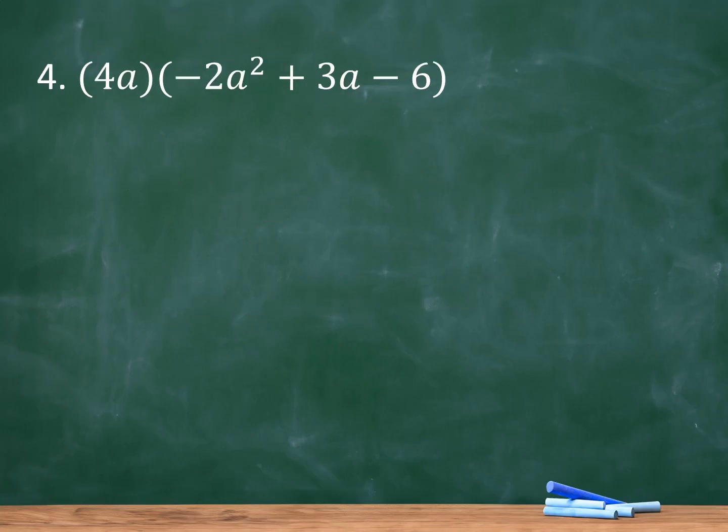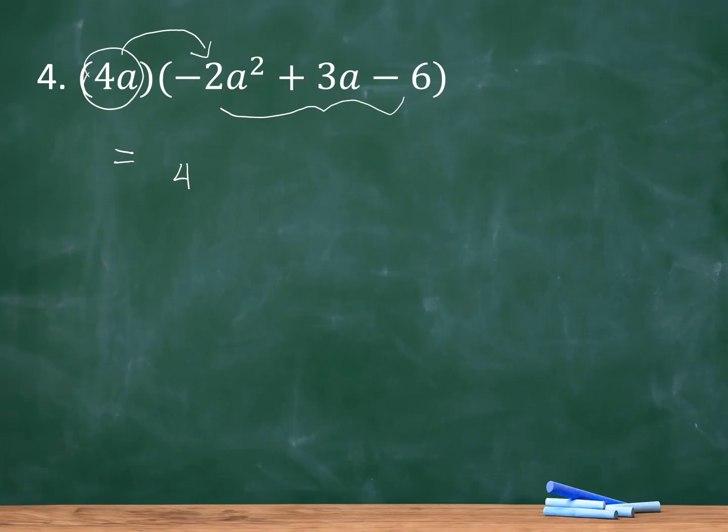Example number 4. We will multiply 4a to (negative 2a squared plus 3a minus 6). So same thing we do, we will distribute 4a across each of the terms inside the parentheses, starting with 4a and negative 2a squared.